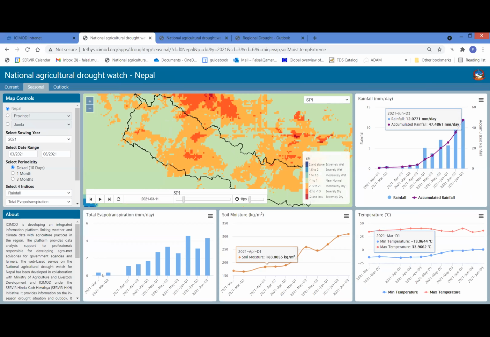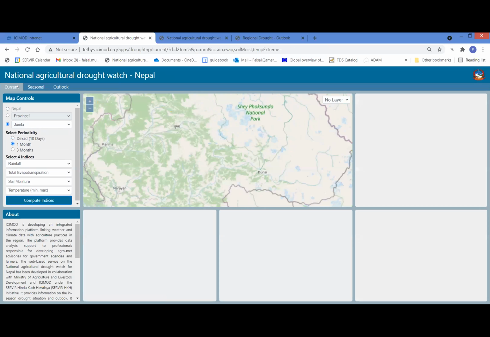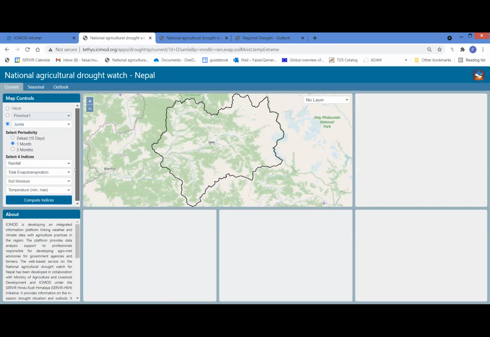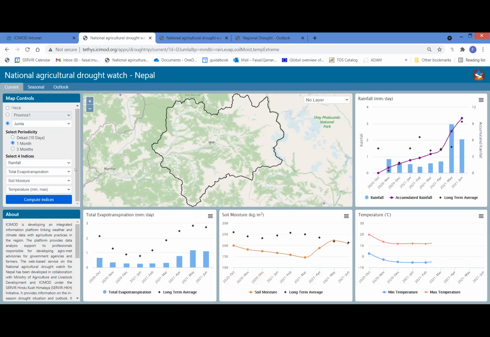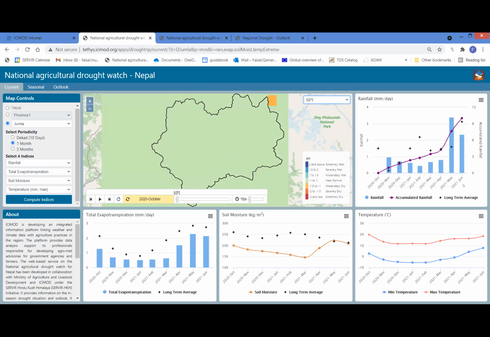So this is the current window. If we try to look at Jumla province district in Nepal, we can see how over a period of time this district has gone through, until June 2021.